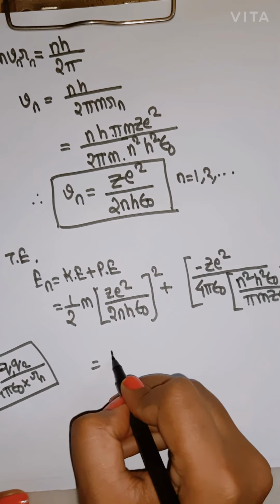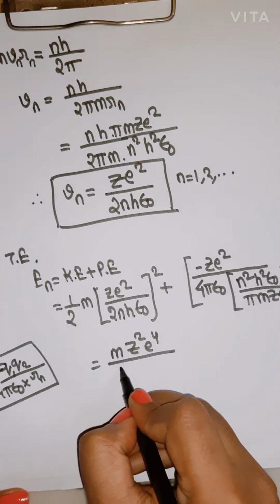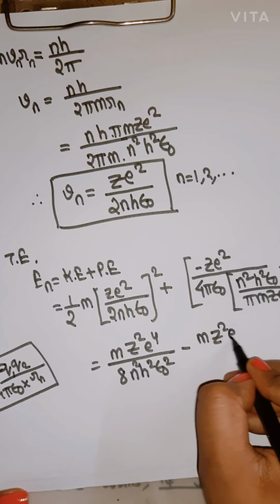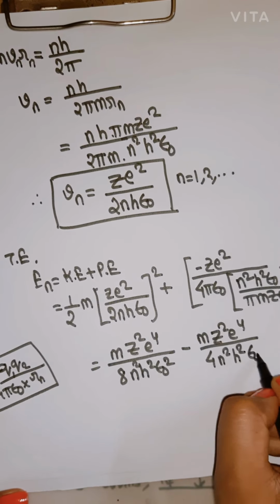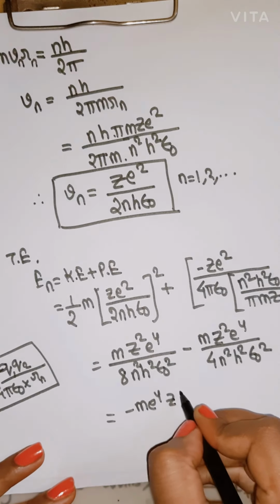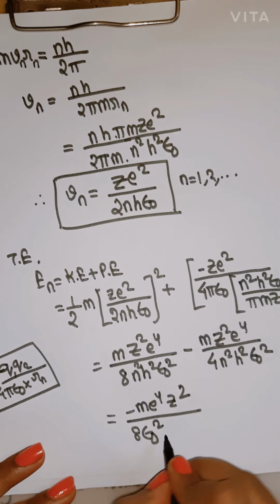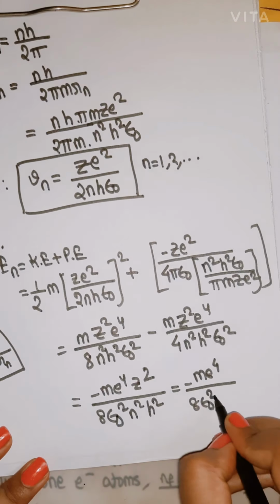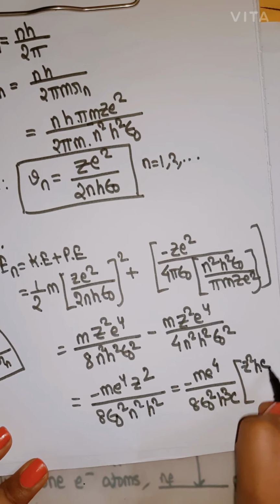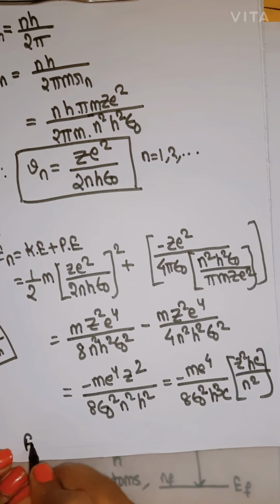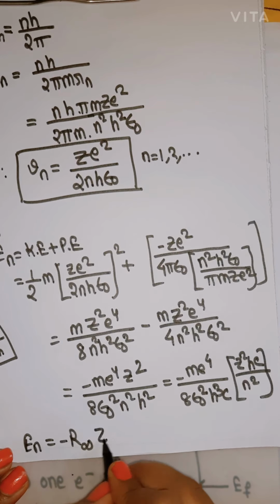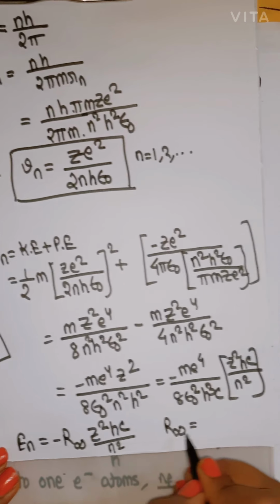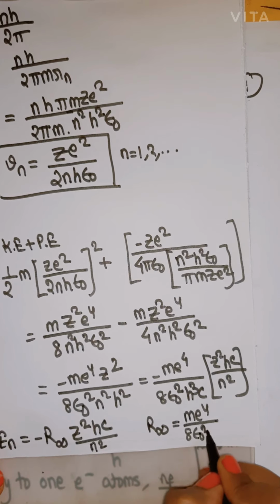Calculating, we will have m z square e to the power 4 by 8 n square h square epsilon naught square minus m z square e to the power 4 by 4 n square h square epsilon naught square, which is equal to minus m e to the power 4 z square by 8 epsilon naught square n square h square, which is equal to minus m e to the power 4 by 8 epsilon naught square h cube c into z square hc by n square, where we can denote En is equal to minus R z square hc by n square, where R is equal to m e to the power 4 by 8 epsilon naught square h cube c.